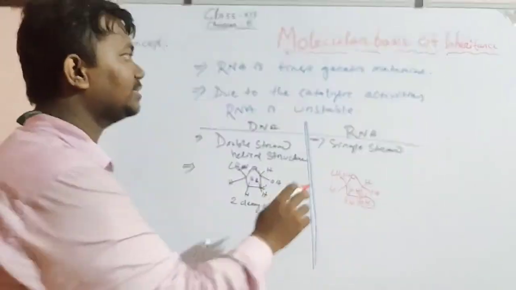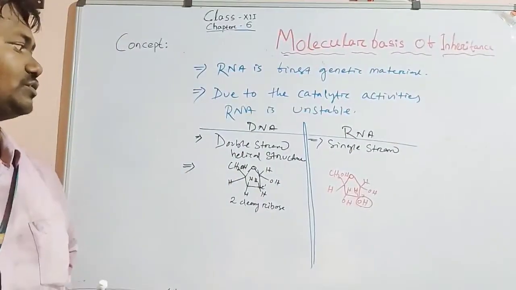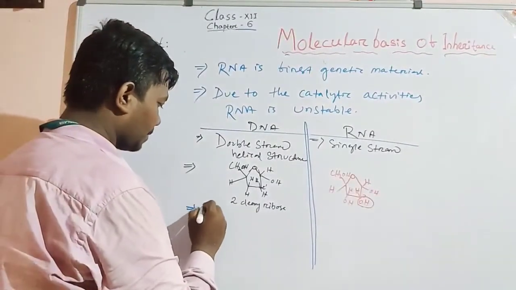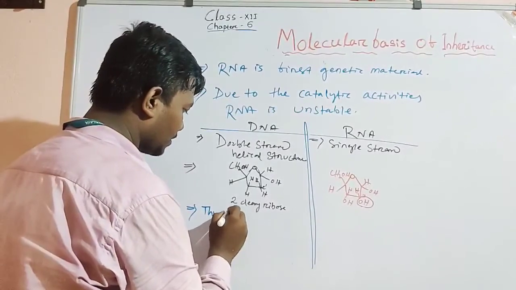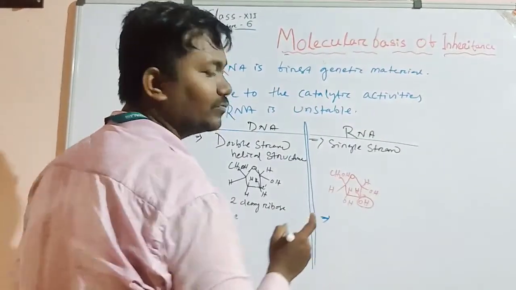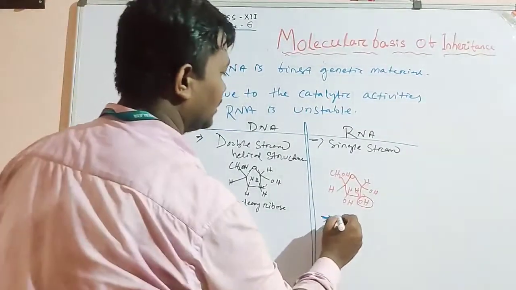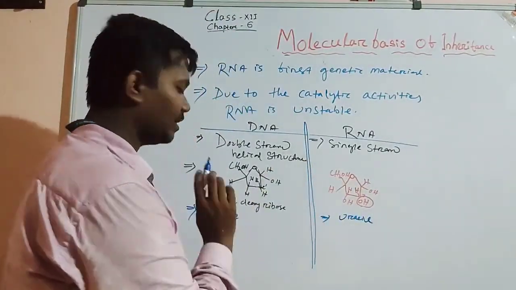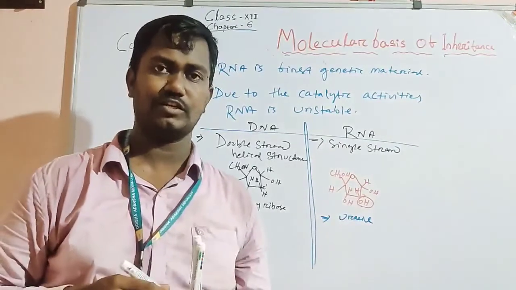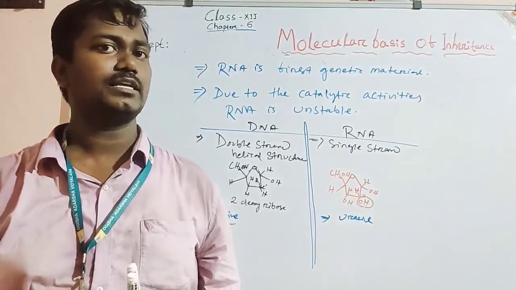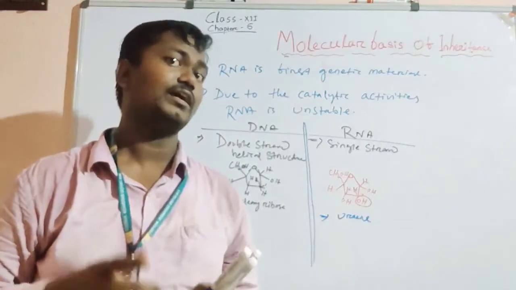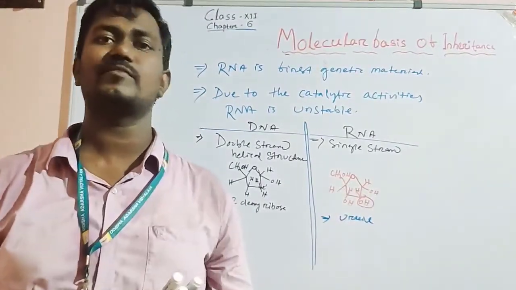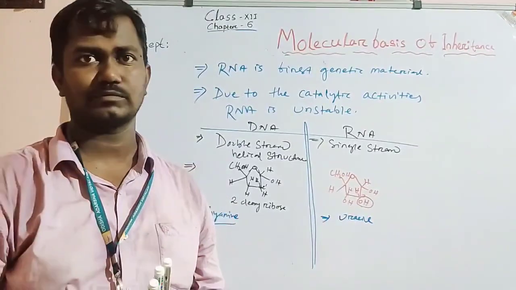Hence RNA is unstable and DNA is stable. The presence of thymine instead of uracil also makes DNA more stable. Hence, DNA is the genetic material in higher organisms due to its stability, but RNA is the genetic material in some viruses. That's all.